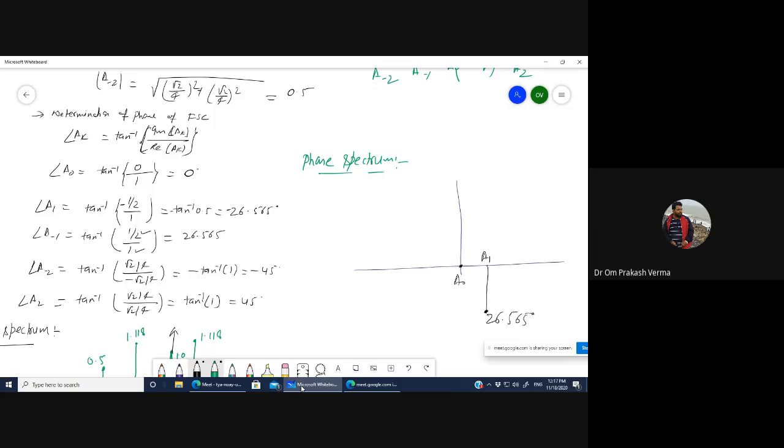A2 is the plus 45 degree. This is the A2.